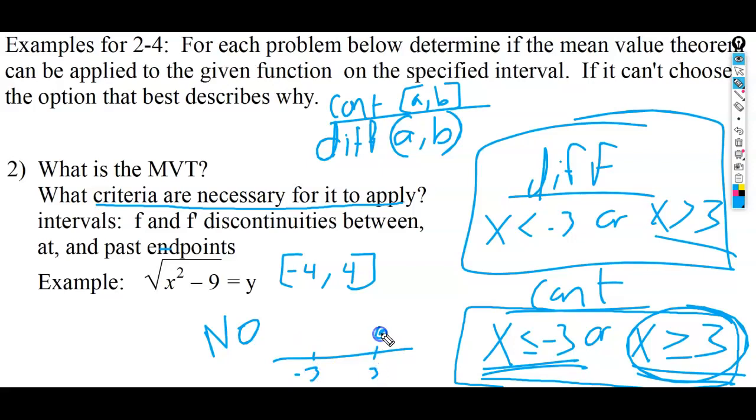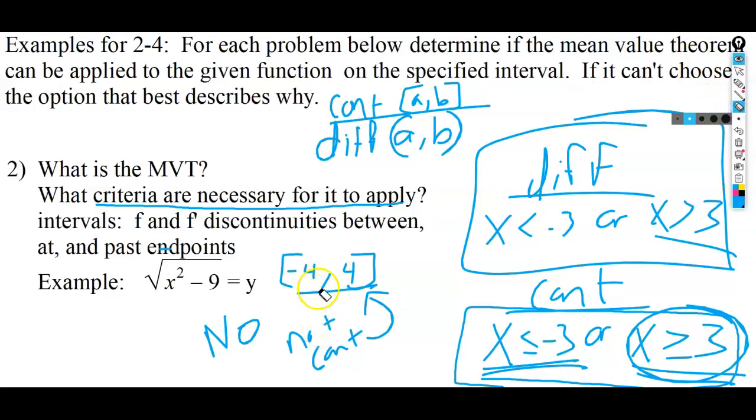So my function exists from here and over. But if my interval is going from -4 to +4, there's a gap in the middle here where the function doesn't even exist. The function's not continuous on that interval. So we would say that this function is not continuous on the interval, and therefore your answer to this would be no.